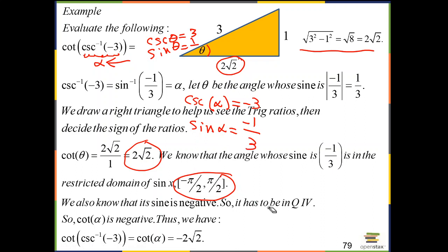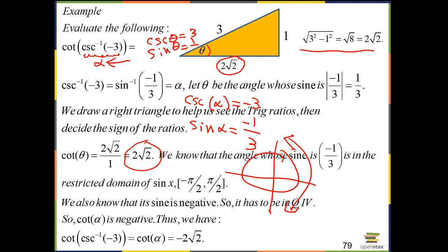So that means the sine of it is negative and it has to be in this region, right? So if you are in this region and sine has to be negative, well, then you're over here, right? And over here, cotangent is negative. So we have to put a negative right beside this number that we found, and that's the answer. Okay?